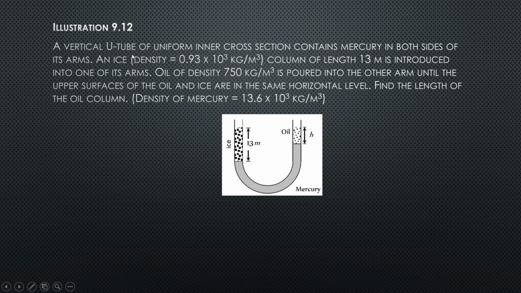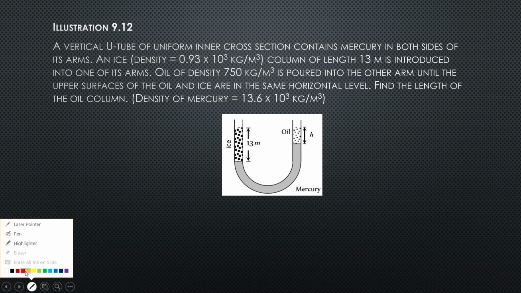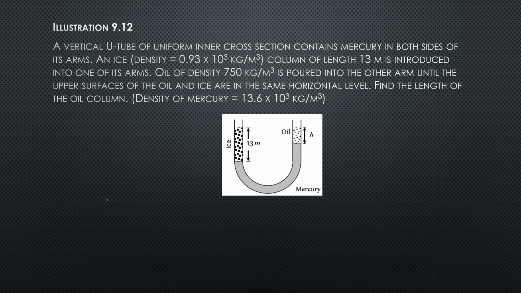So illustration 9.2. A vertical U-tube of uniform inner cross-section contains mercury in both sides of its arms. An ice column of density 930 kilograms per cubic meter and length 13 meters is introduced into one of its arms.